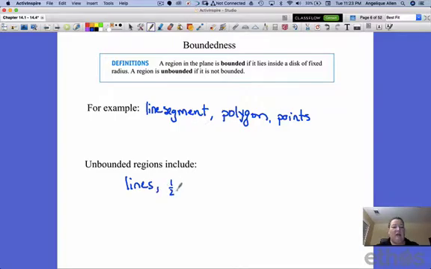Half planes, planes. They have edges that go on forever. Quarter planes. Those go on forever in some directions and not others. So those would be unbounded regions. I know that's almost silly to have to talk about, but if I don't, I get questions.